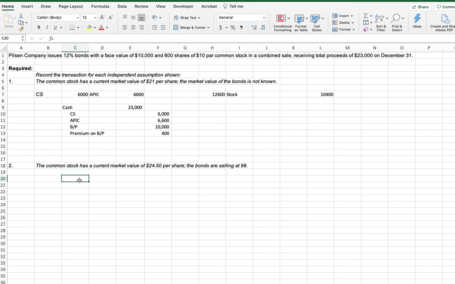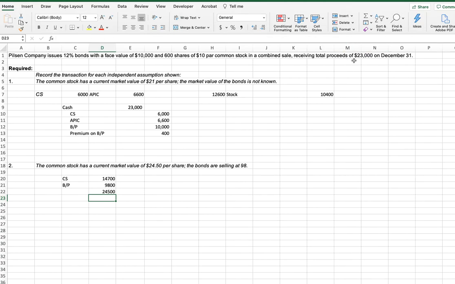And so we will do that by calculating the value of the common stock, which is equal to the 600 times $24.50 for $14,700. And then we'll also calculate the value of the bonds payable, which was 10,000 times 98%, and then we can add those together for a total value of $24,500.